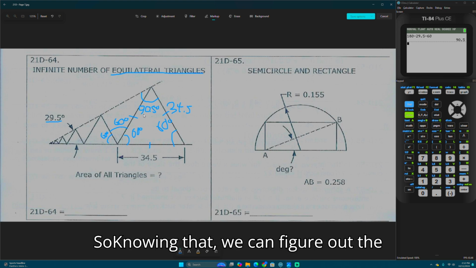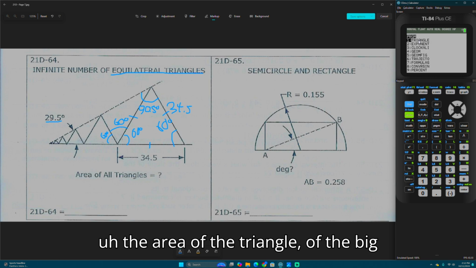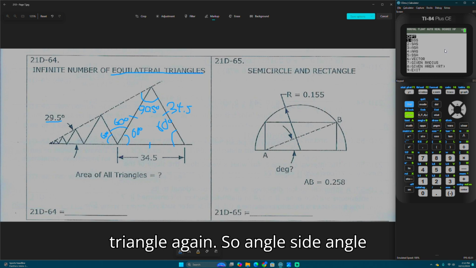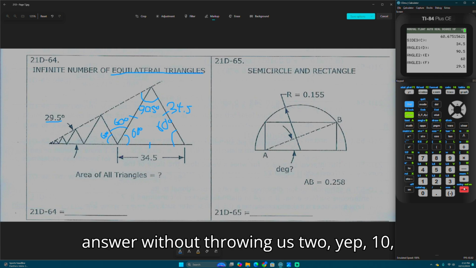So knowing that, we can figure out the area of the big triangle again. So angle side angle: angle 1, 90.5, and then 34.5, and then 60. And I think it should give us the right answer without throwing us an error.